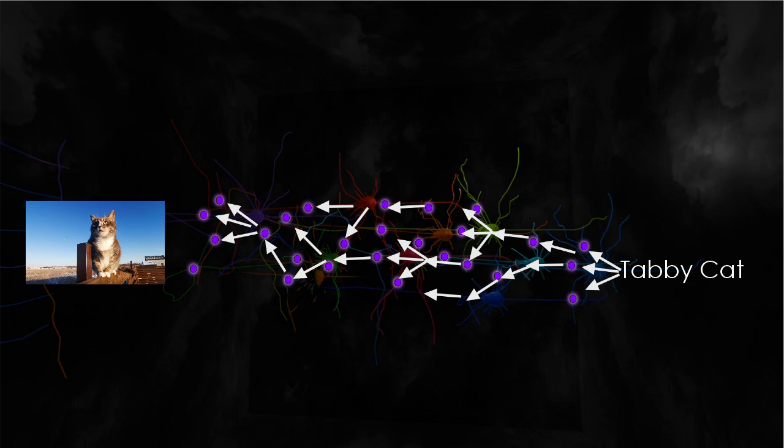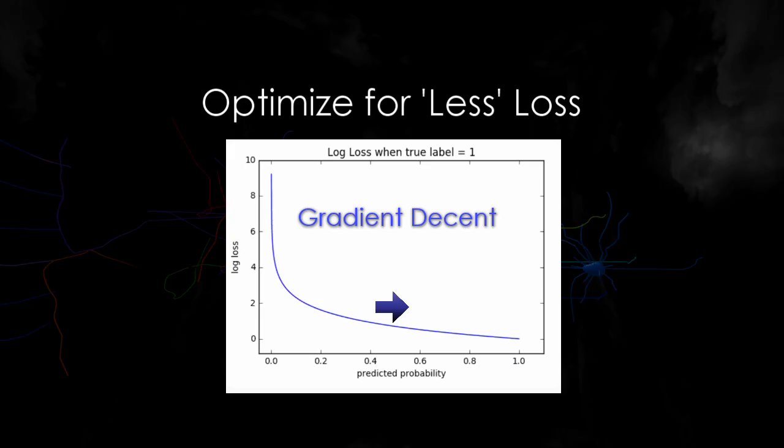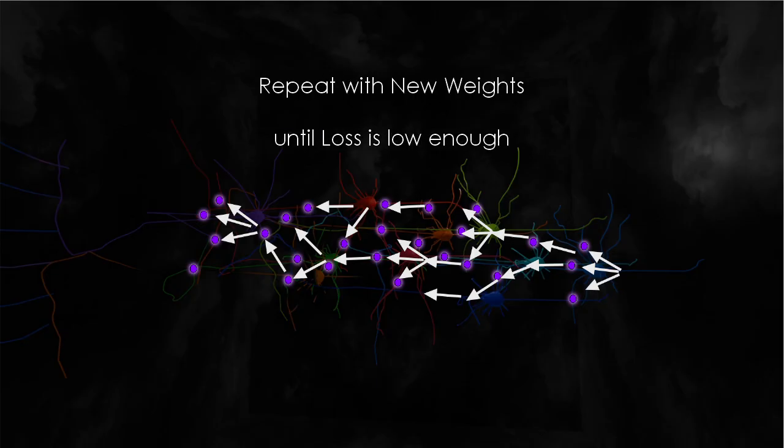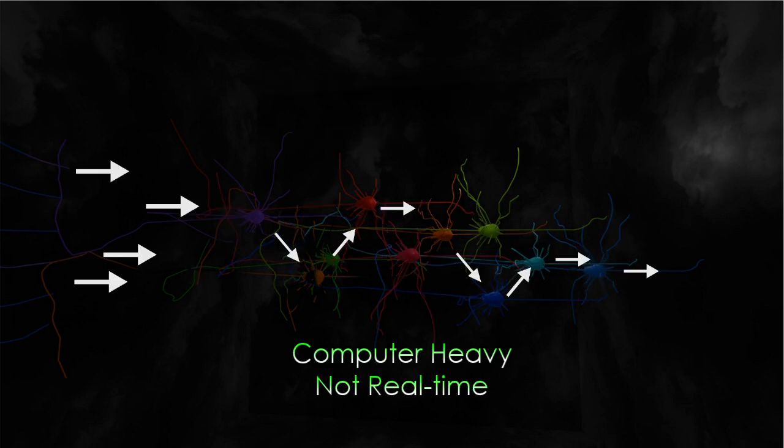Change those weights random-like and see if the loss between what you predict and that cat that you put in reduces. That's called gradient descent. You follow the loss down. This takes a gargantuan amount of compute. And that's each time. We need to iterate through this many times to try to get the loss low.